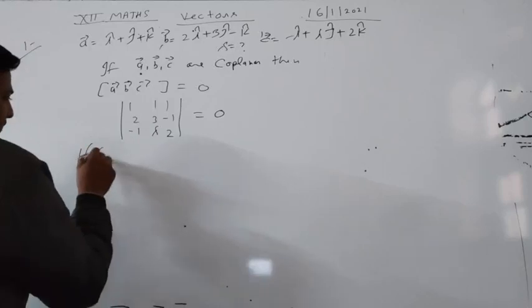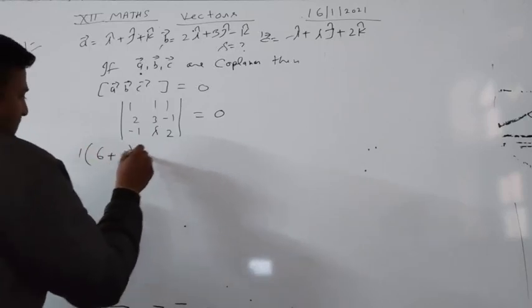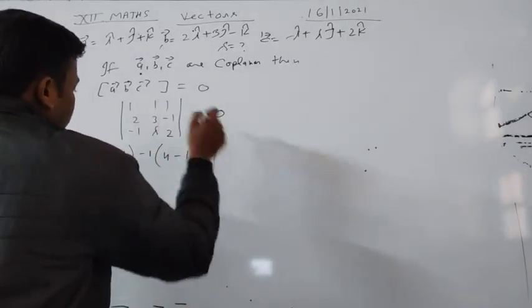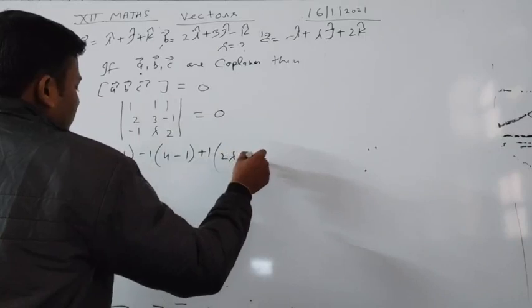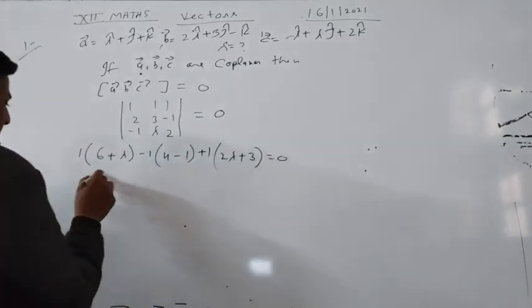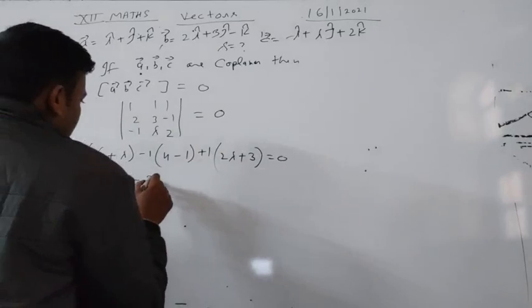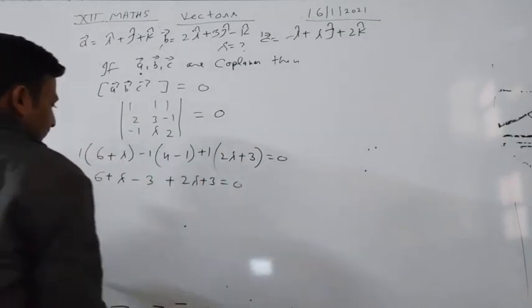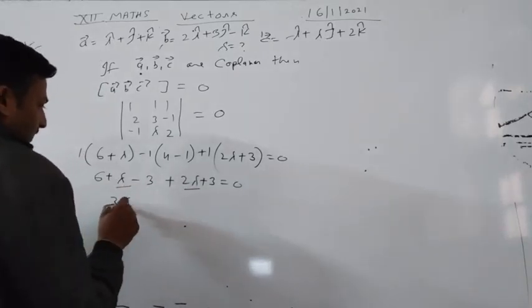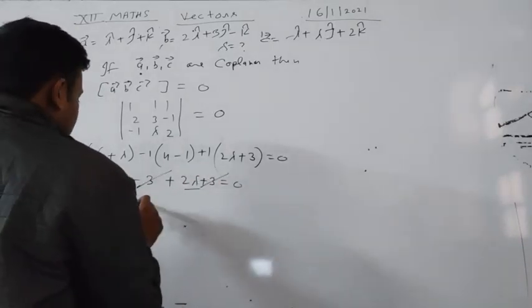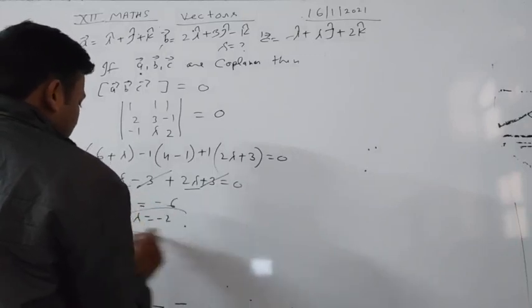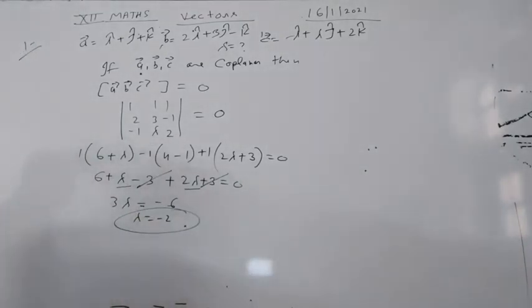Here we get 6 plus lambda minus 1, 4 minus 1 plus 1, 2 lambda plus 3 is equal to 0. So 6 plus lambda minus 3 plus 2 lambda plus 3 is equal to 0. So this is 3 lambda, and this is cancelled, equal to minus 6. So lambda is minus 2.